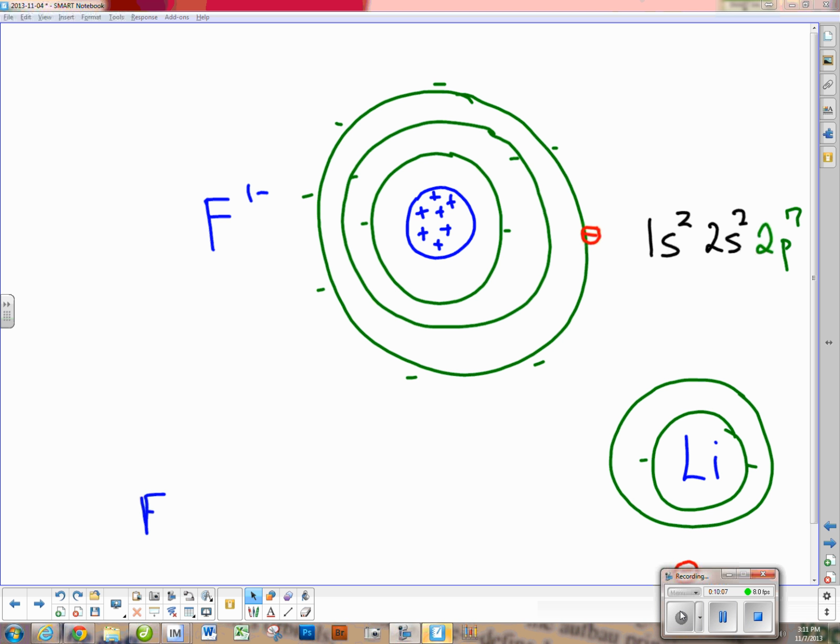So we have 9 protons, not 10, because he's atomic element number 9. So he has 2 in the 1s, 2 in the 2s, that's 4, and 7 out here makes 9. Get 1 from lithium, and he's got 10.